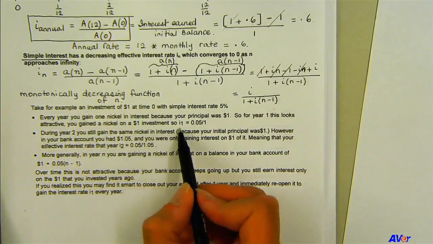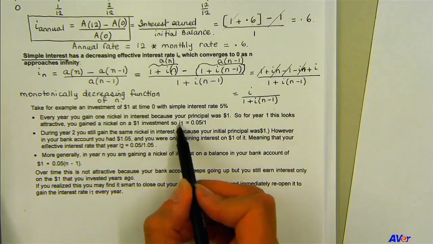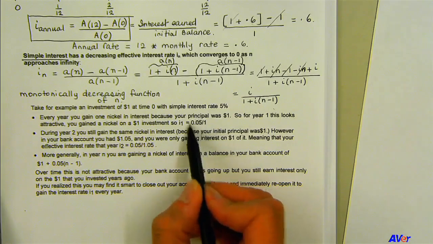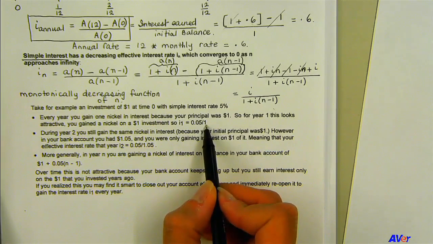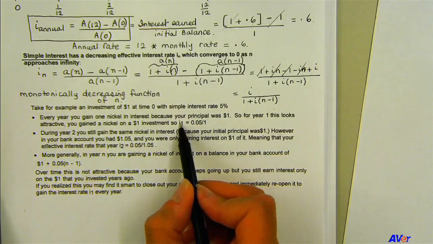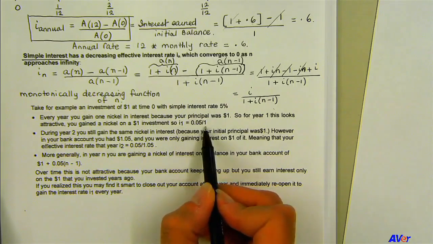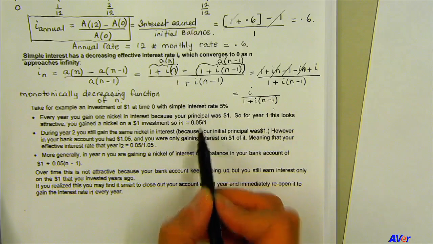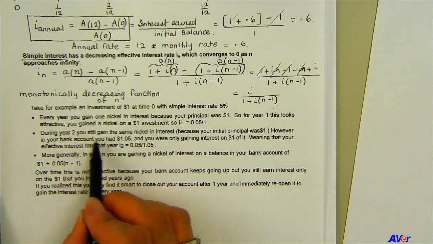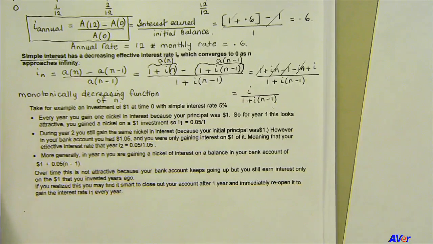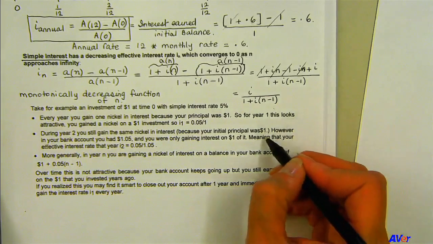So now you have I1, which equals the amount of interest divided by the initial balance. So the interest rate in year 1 is the amount of interest divided by the initial balance. During year 2, you still gain the same nickel in interest because your initial principal was still $1.